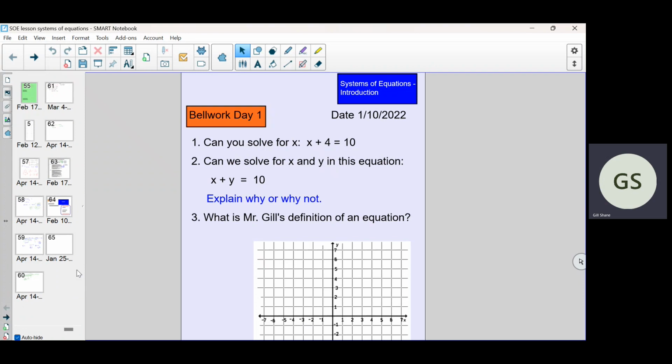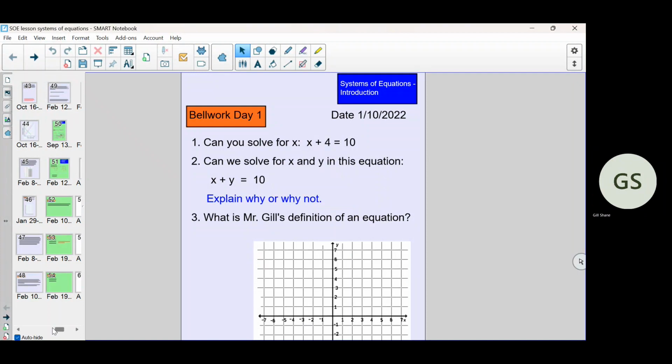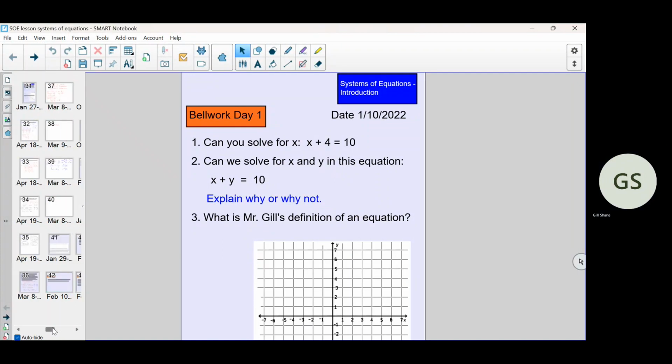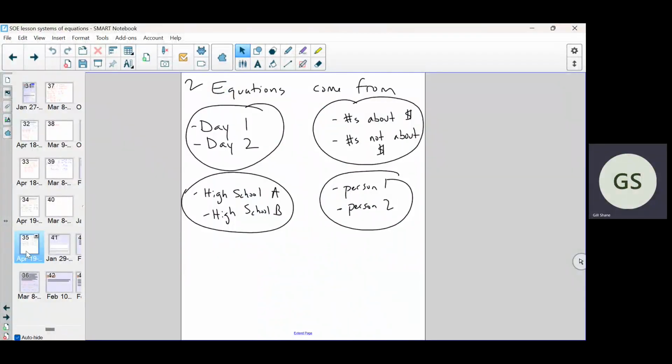Here it is. All right. So these are some ways that they separate the word problems into equations.